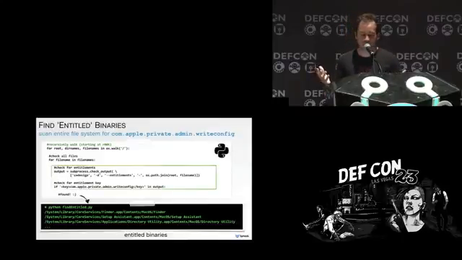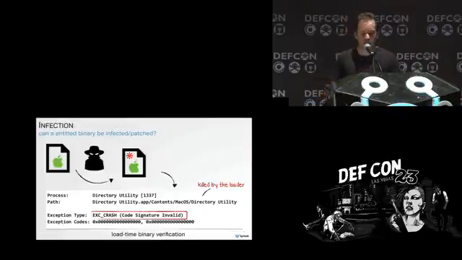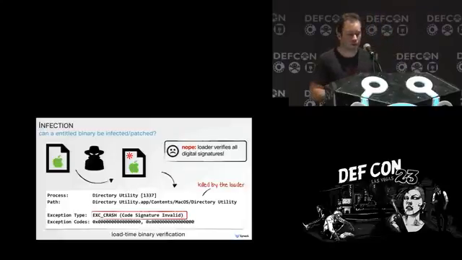This gave me about 50 or so. And again, these are the trusted binaries that are allowed to connect to the remote XPC service. My goal was then to try to coerce any of these to load my arbitrary malicious code, because once I'm in the trusted context of any of these processes, I can then reconnect to the XPC service and re-trigger the vulnerability. So the first thing I tried was simply to infect an entitled binary.